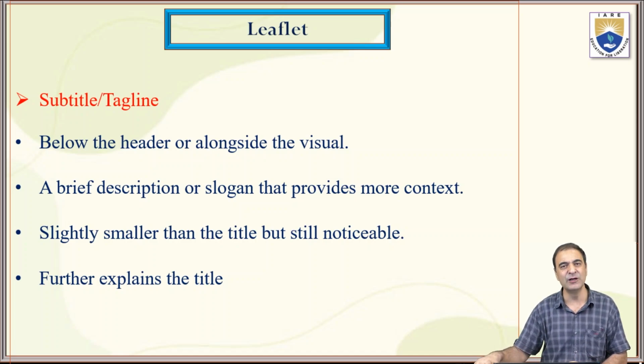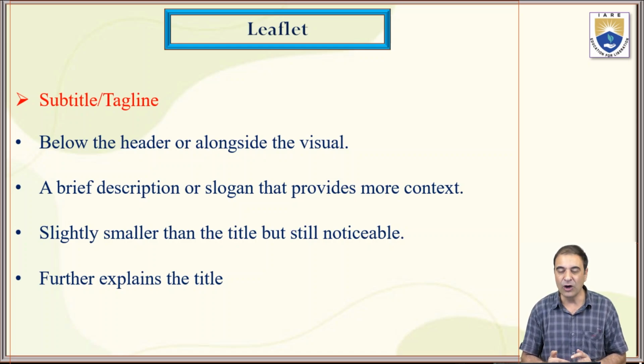In other words, we can say that this subtitle or tagline is just the description of the header. It is just the description of the title. It is just the description of the main topic. Or you can say in subtitles, in taglines, we just describe the title, make it more explicit.